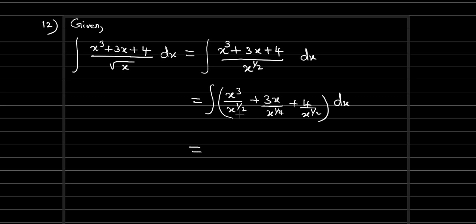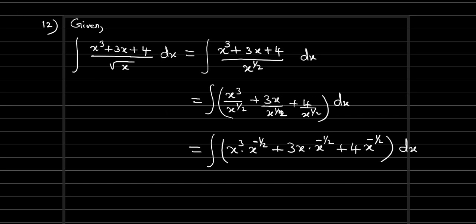Next, the denominator term, if you take it to the numerator, what happens? You will have a negative sign in the power, right? This is how it will change. Next, plus 3x times x power minus 1 by 2. If you take it to the numerator, in the power you will have a negative sign. Next, plus 4 x power minus 1 by 2 dx.